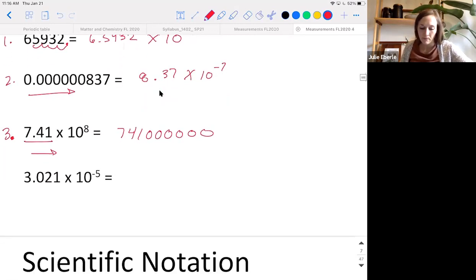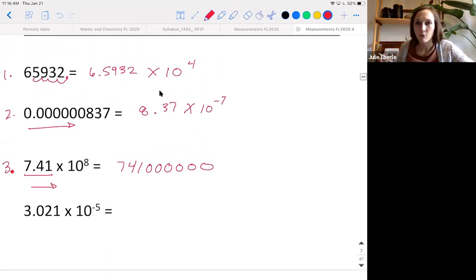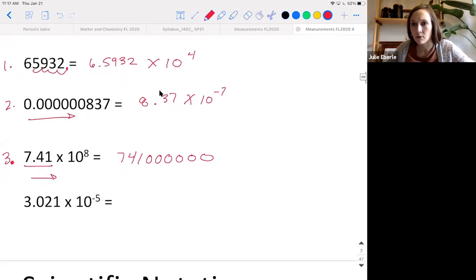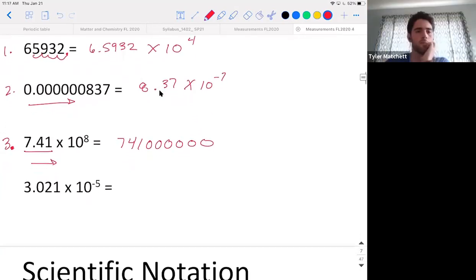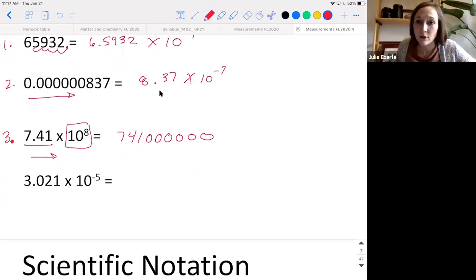Okay. All right. Any questions with how to convert back and forth between standard and scientifically written numbers? On number 3, wouldn't you move left if it's a positive? Well, when you're undoing scientific notation, this is like multiplying 7.41 times 100 million.